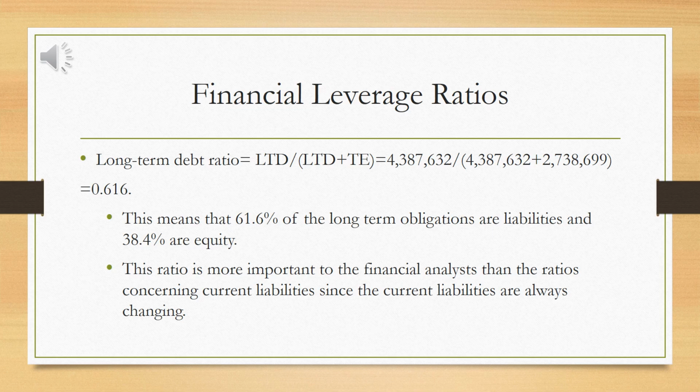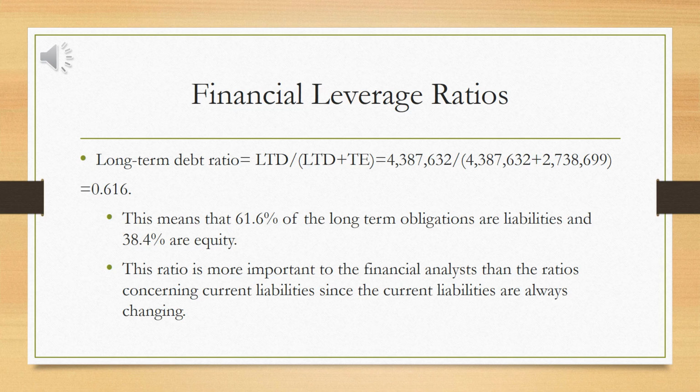Long-term debt ratio equals long-term debt over long-term debt plus total equity, which is 4,387,632 over 4,387,632 plus 2,738,699, which is equal to 0.616.